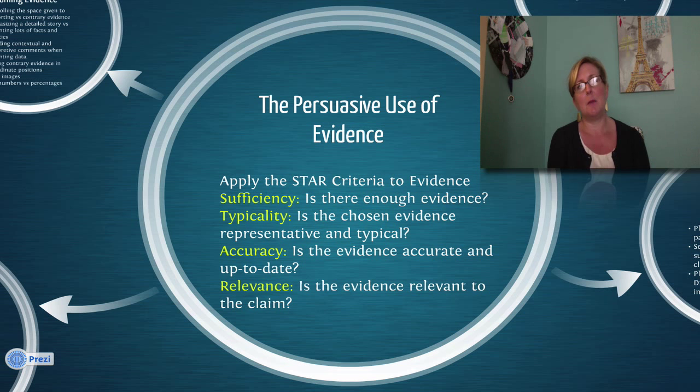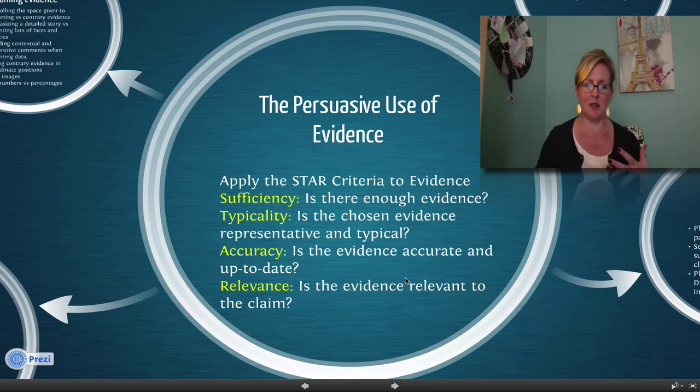So the accuracy has a lot to do with when it was published. And then, of course, just the accuracy itself. Sometimes people don't think about the up-to-datedness of it, but that's a very important part of accuracy as well. And you want your evidence to be as accurate as possible.